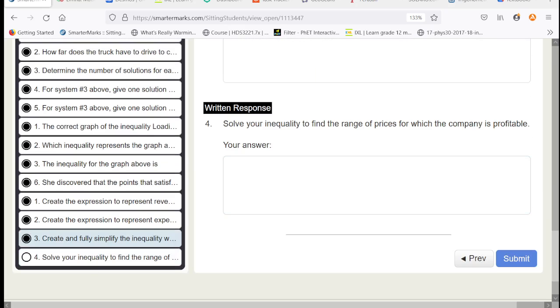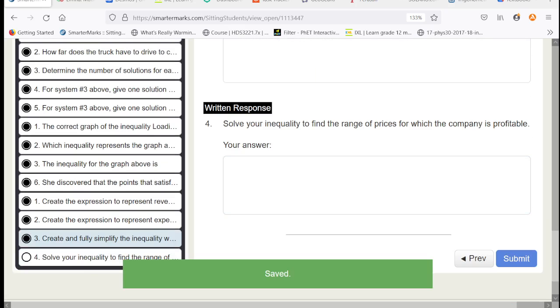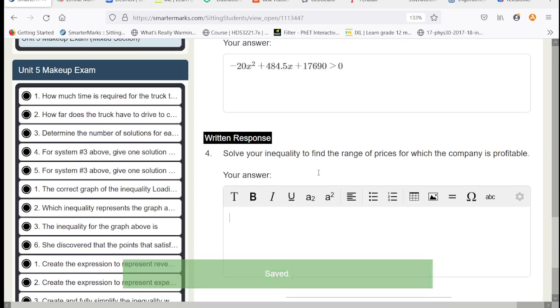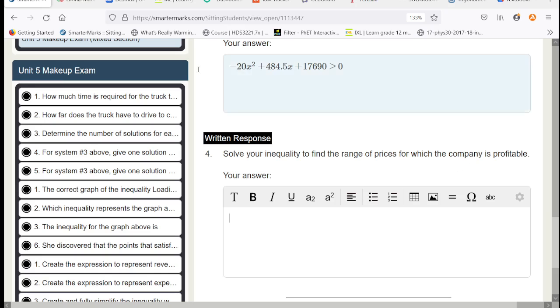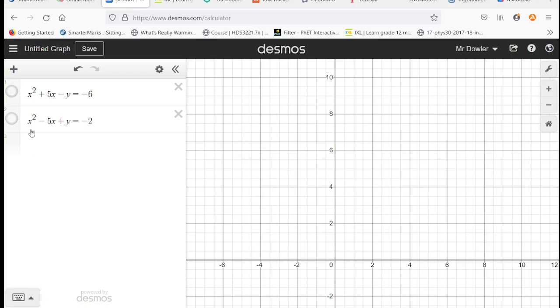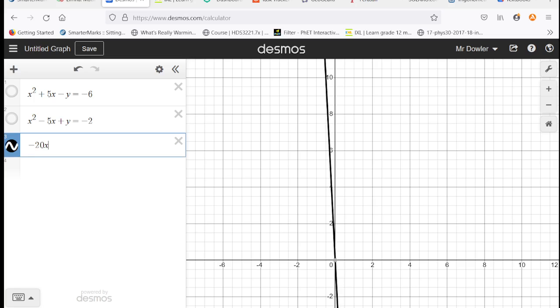And the range of prices for which the company is profitable, we could graph it now that we have our equation. So we have a negative 20x squared. Sorry, that was a minus 484.5x.